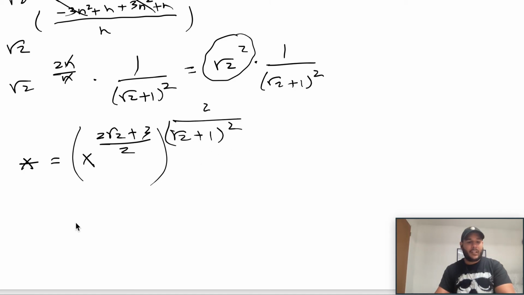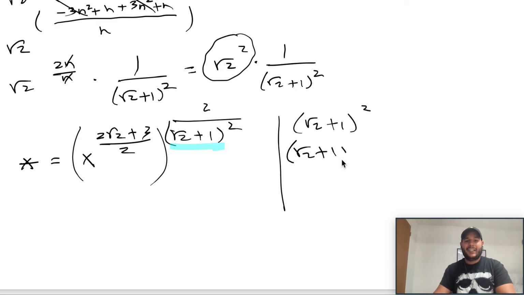So now we must see if we can cancel any terms, hopefully. But before we can see that, I want to expand this term right here in the bottom. I'm going to do this on the side. If I expand square root of 2 plus 1 to the second power, I get square root of 2 plus 1 times square root of 2 plus 1.